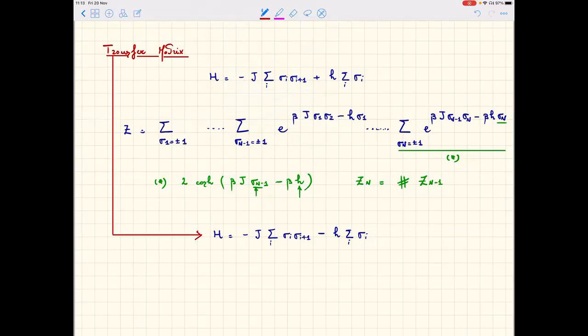Yes. You put the minus sign, and what about the first Hamiltonian with the plus sign? Is it actually a plus or minus sign? It doesn't matter, right? It's a matter of convention.